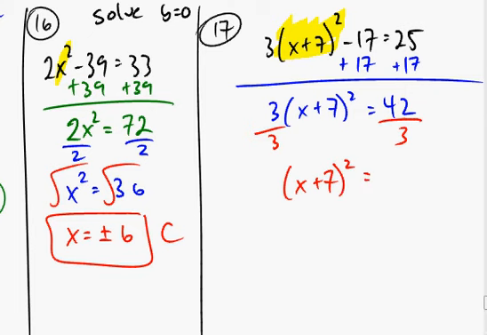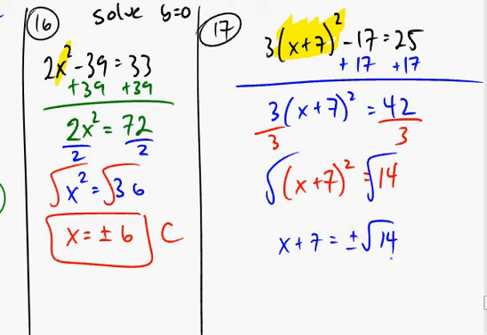Ian, what's 42 divided by 3? Okay, Rebecca, what should I do now? Right? Subtract 7. And that is D.